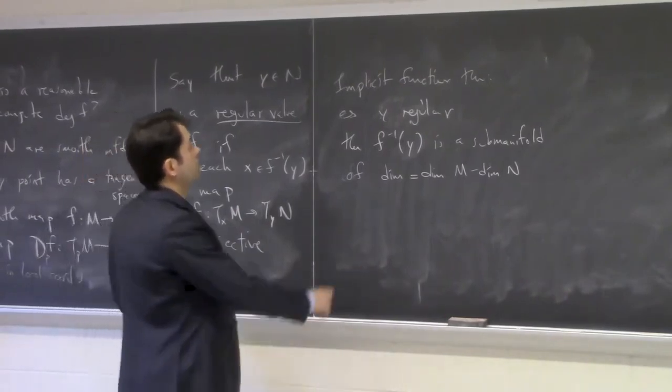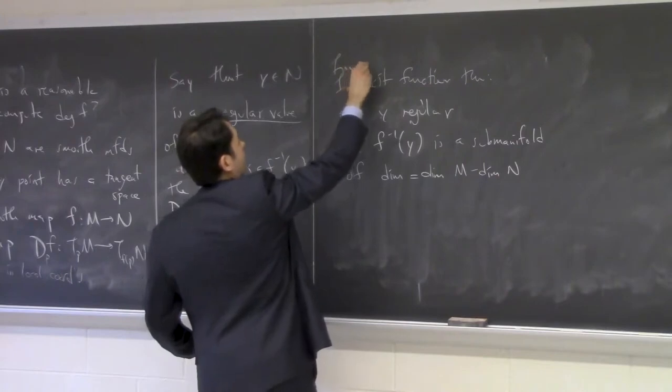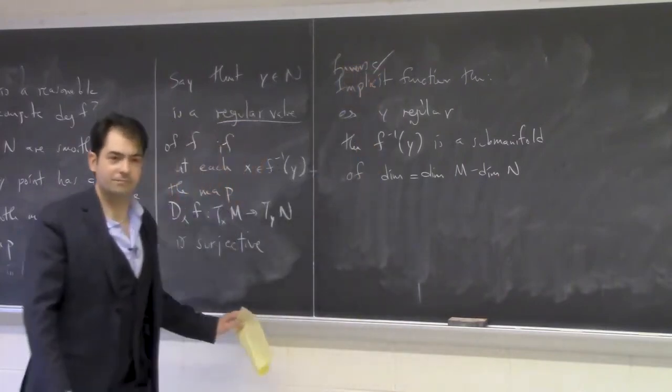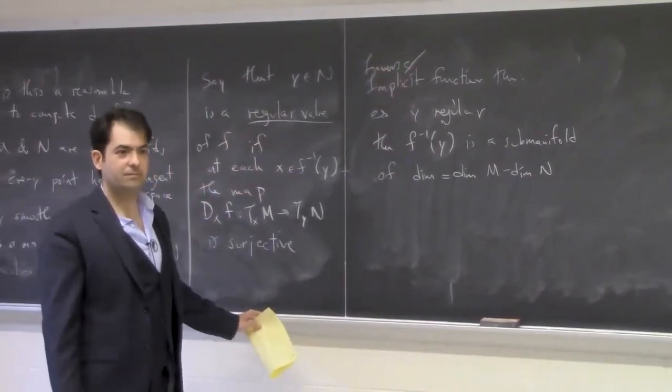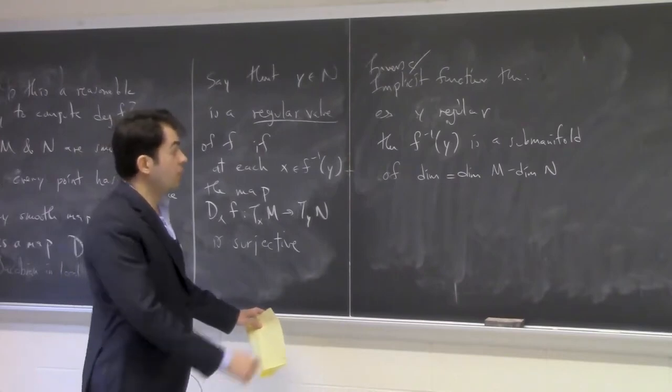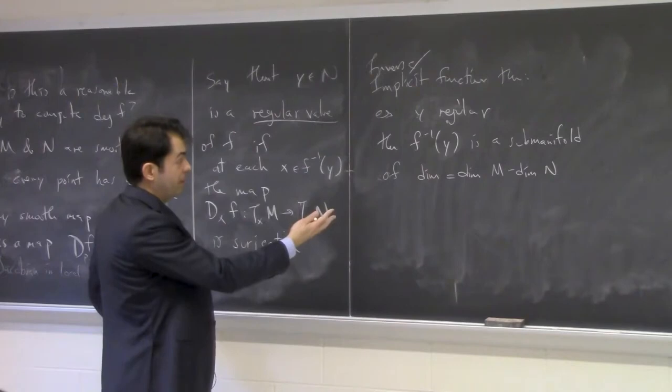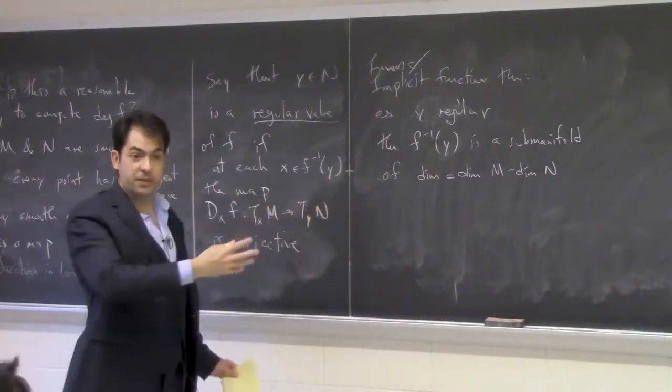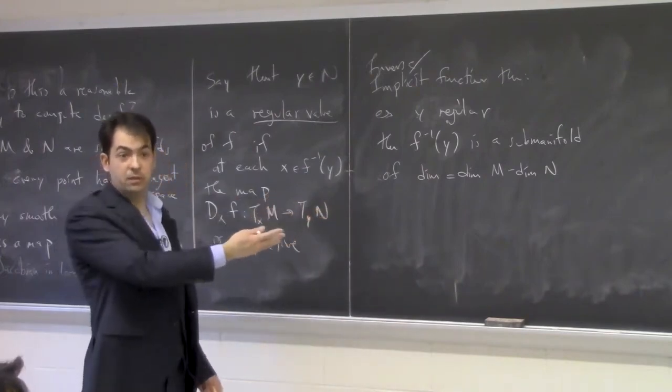They're the same, but sure. So you get a smooth submanifold of the dimension given by whatever it has to be.